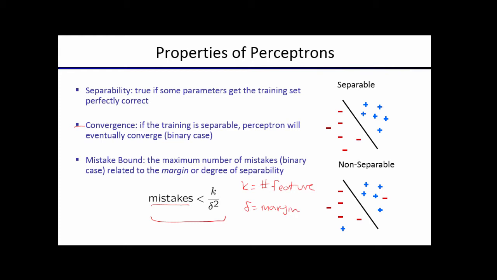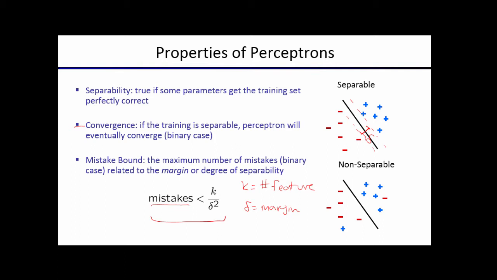In this separable case, your margin is defined to be the maximum distance between all of your positive data points and your negative data points. So this is delta. The bigger your margin is, the easier it is to find this plane, and the fewer mistakes you'll make.